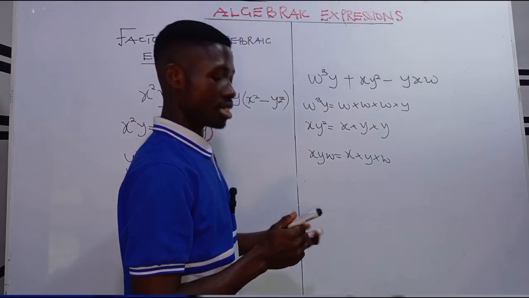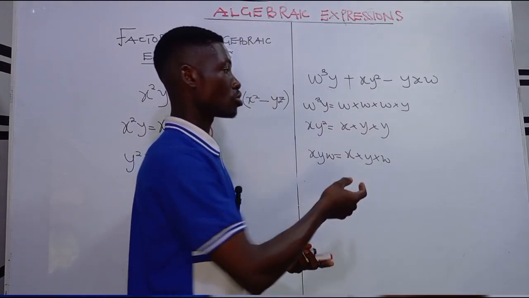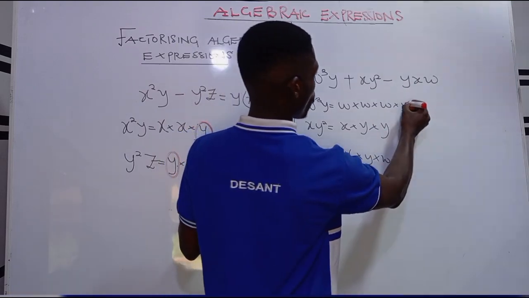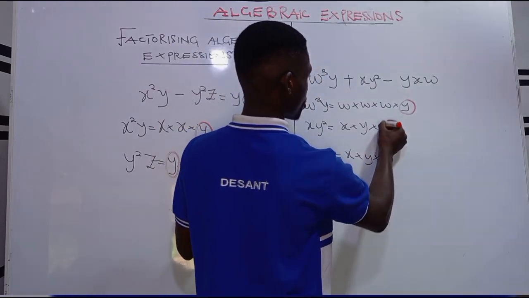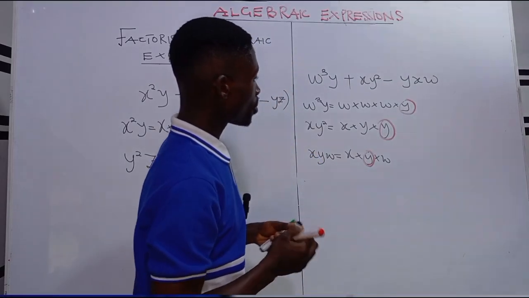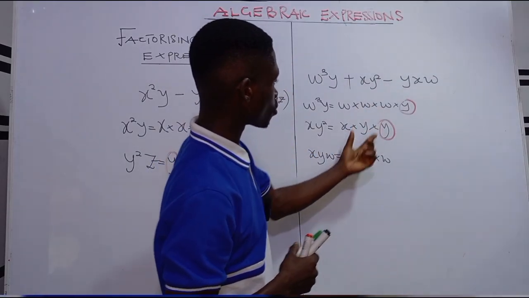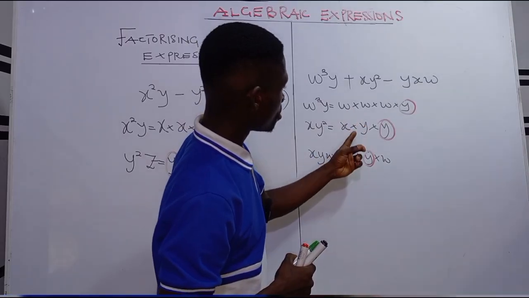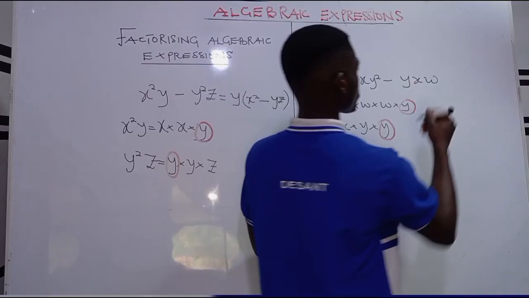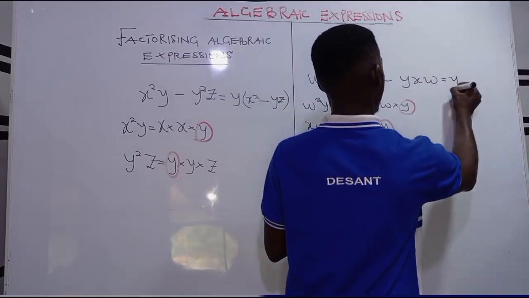Good. Then we find a factor that is common to all of these terms. y is common, y is common, y is common. Do we have any additional common factor? w, no, x, no. So our common factor is y.